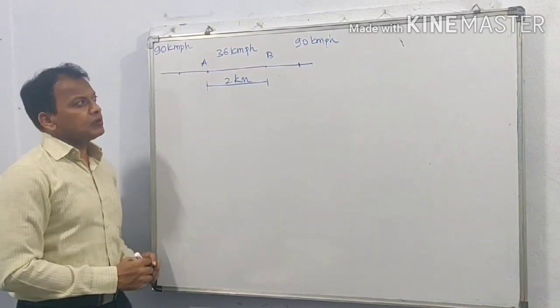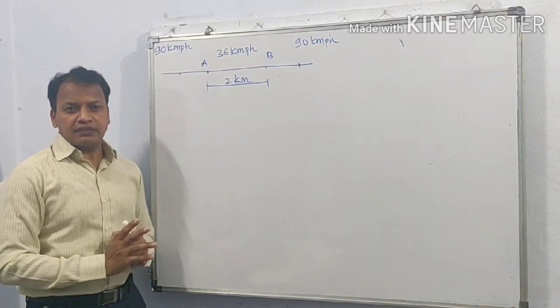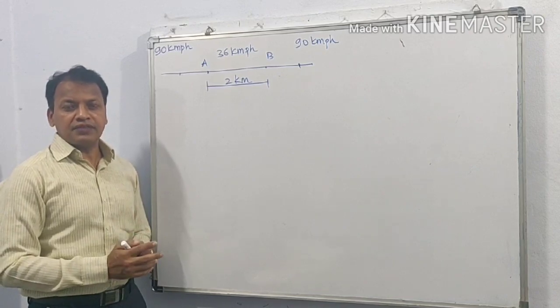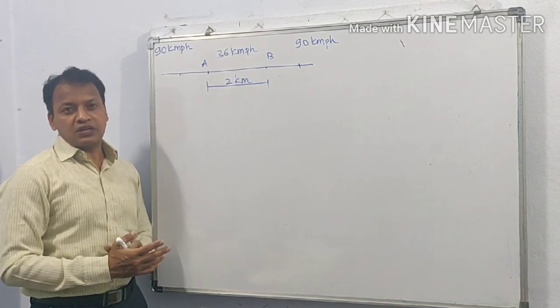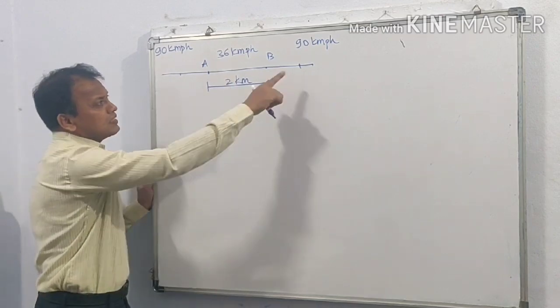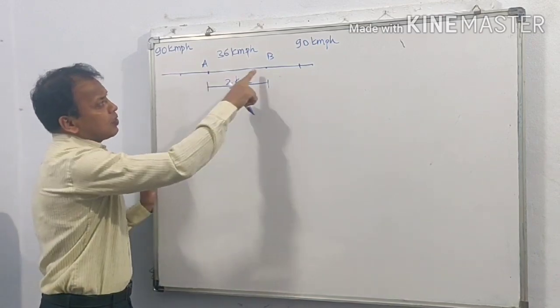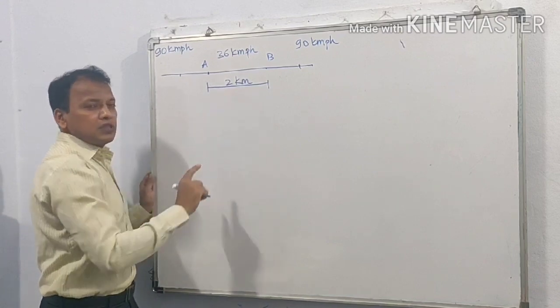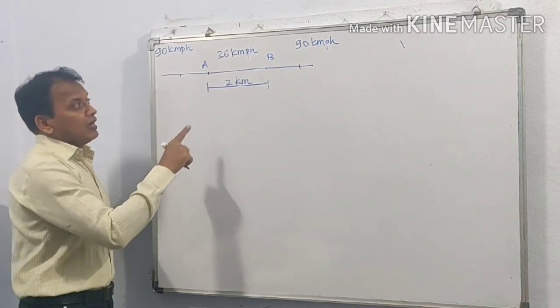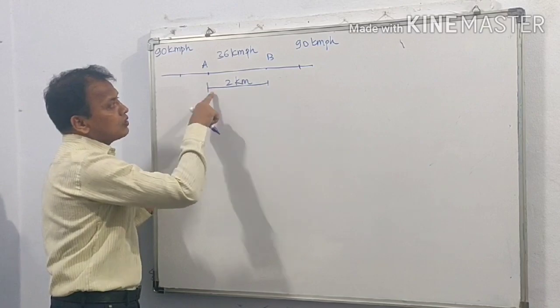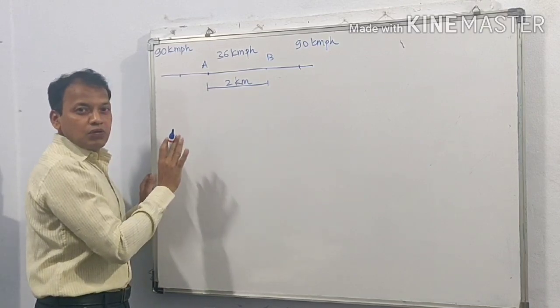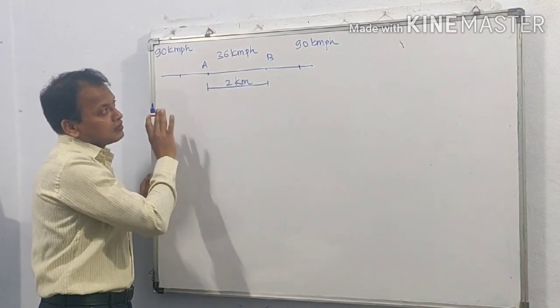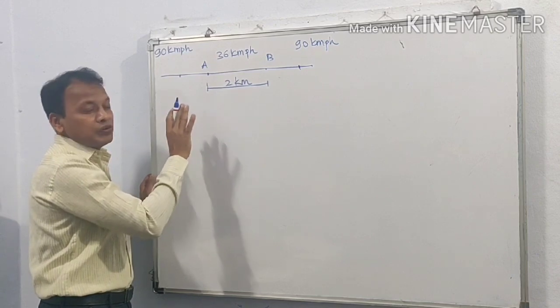First example. We know on a railway track, repair works are frequently going on. So this is a railway track, and on this track, over a length AB of 2 km, repair work is going on. As the repair work is going on, it is not a mega block, so trains are moving.